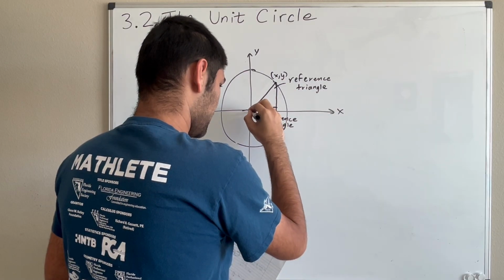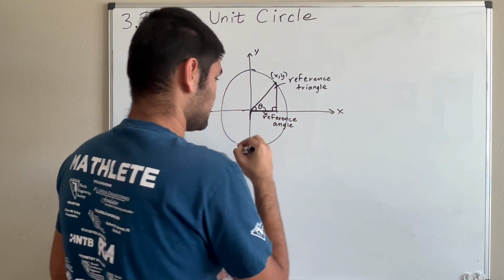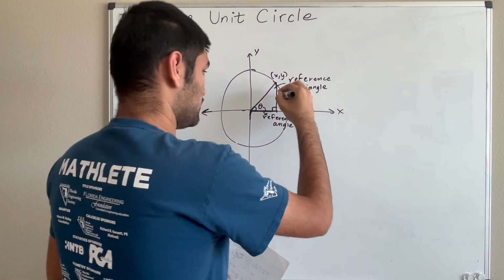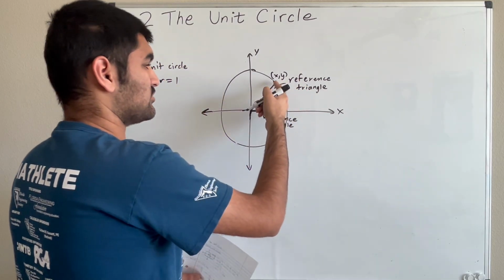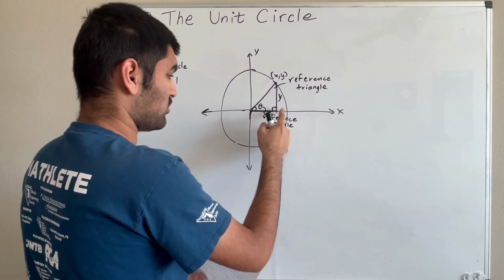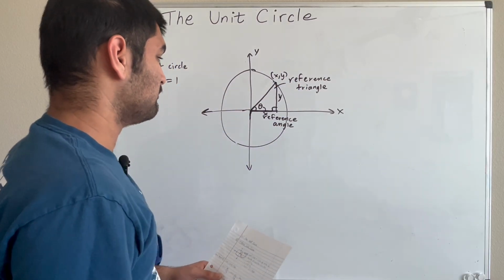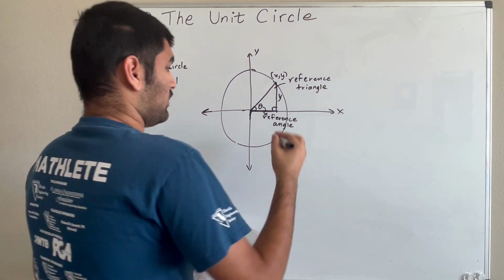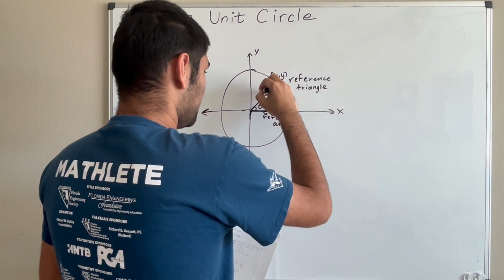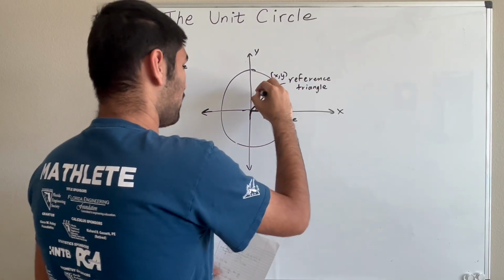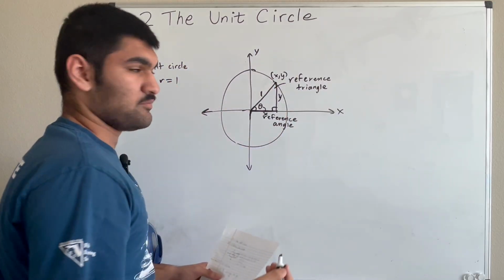And this length right here, this height, is y, right? That's the definition of this point being xy. It means that the horizontal distance is x and the vertical distance is y, okay? And so then we'll just call this r, and we know that since it's a unit circle, r is equal to 1. So this length right here is just 1.